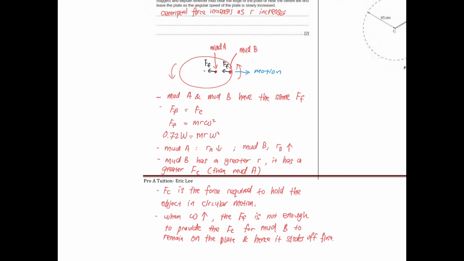This point is important, so we must mention this, and you get 1 point for this explanation. There's just one short explanation. They give 2 marks, right? One is to explain, another one is you suggest which mud will fly off first.